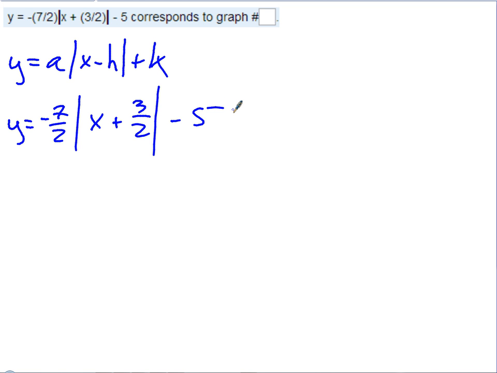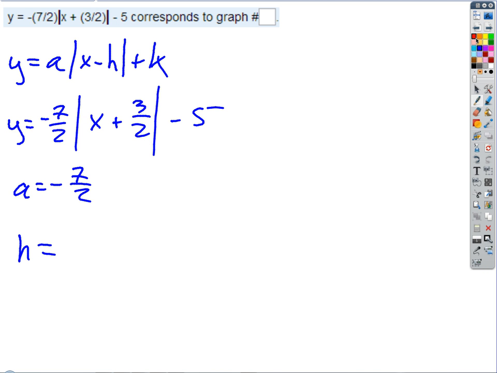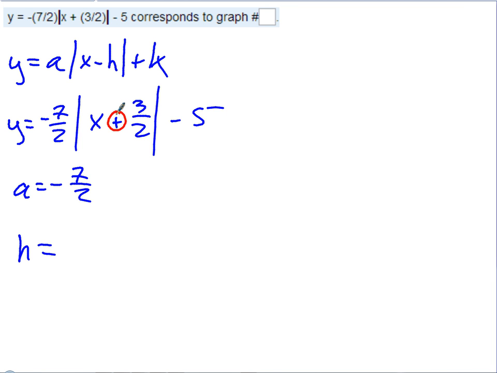So what's A? Negative 7 halves. Good. What's H? Now you've got to be careful with this one. It's negative 3 halves. Because we're subtracting the H, it's always going to be the opposite of the operation after the X. So if it's X plus, you know that H is negative.